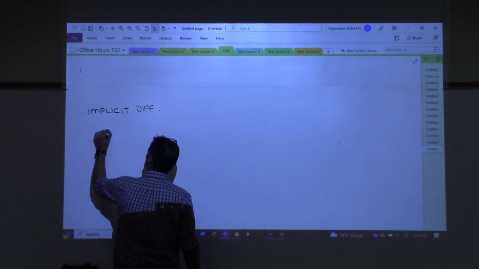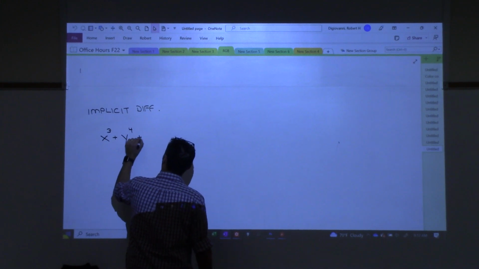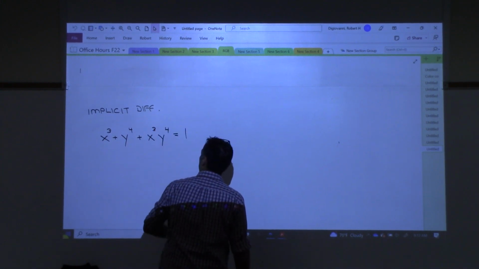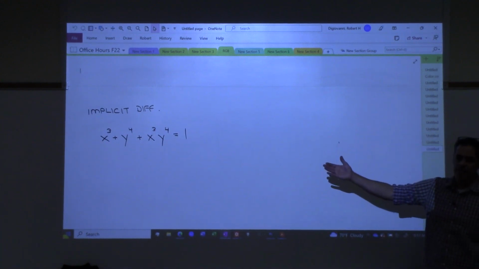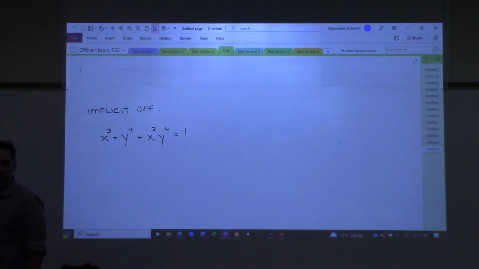If I give you x cubed plus y to the 4th plus x cubed y to the 4th equals 1. This is an example of an implicit equation, because nobody here wants to go try and solve. Actually, solving for y would be easy here.